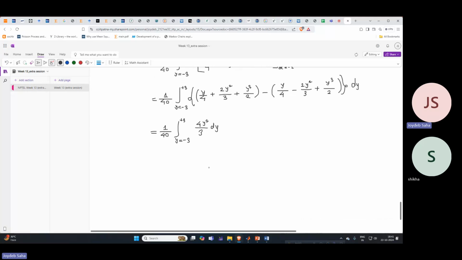Dy. So it will be 1 upon 30 if we multiply 4 by 3 with this, right? And it will be y cube upon 9.